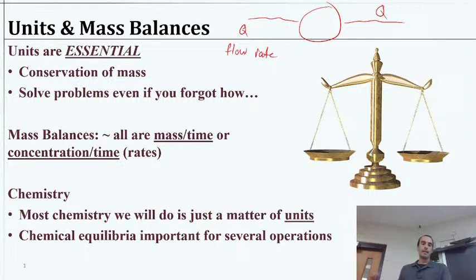Okay, so in that, we're almost always going to be looking for the units. So units are absolutely essential. So as an example, if we have some flow in this volume, there is an equation that you'll need to learn. It's for hydraulic retention time.